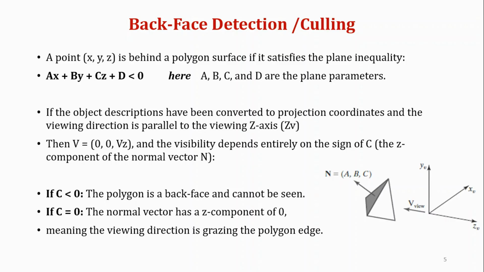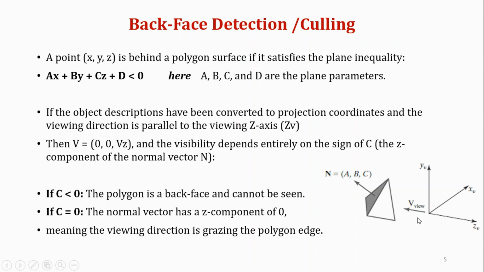A point lying behind the polygon satisfies the equation Ax plus By plus Cz plus D is less than 0. Here A, B, C, D are the plane coefficients or parameters. In many graphics systems, the viewing direction is aligned with the z-axis.